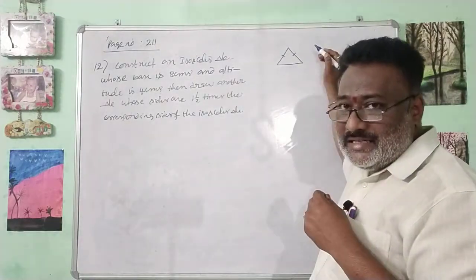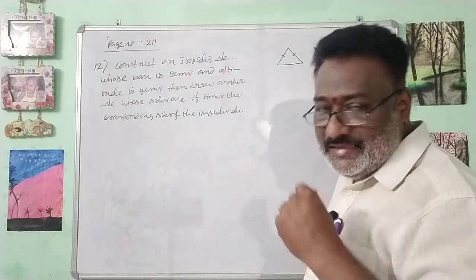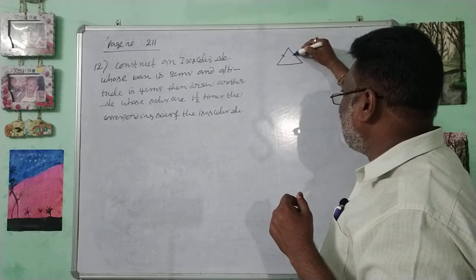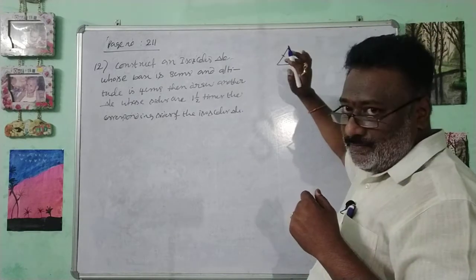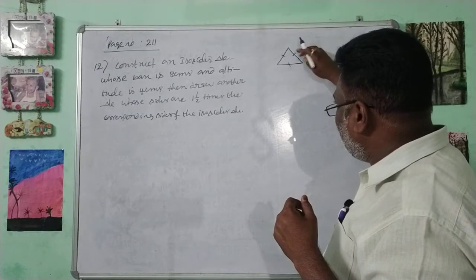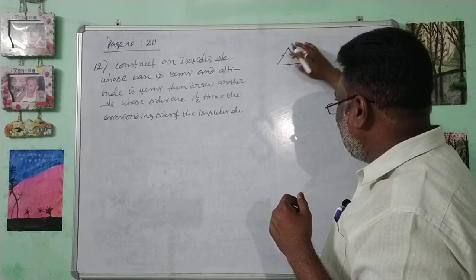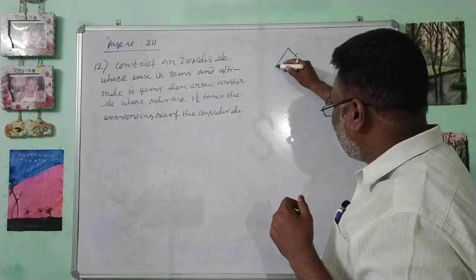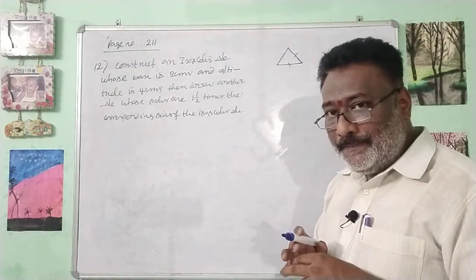If two sides are equal, automatically the third side is its base. For example, if you take these two sides as equal, then this one we need to consider as the base. So that base measurement has been given there.